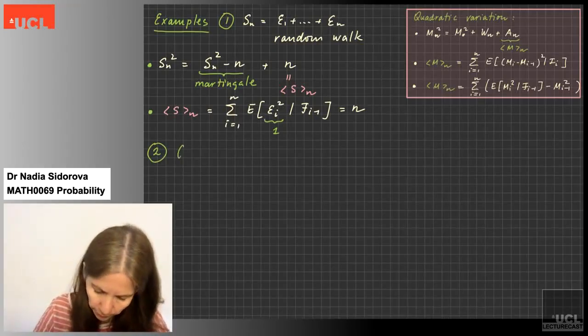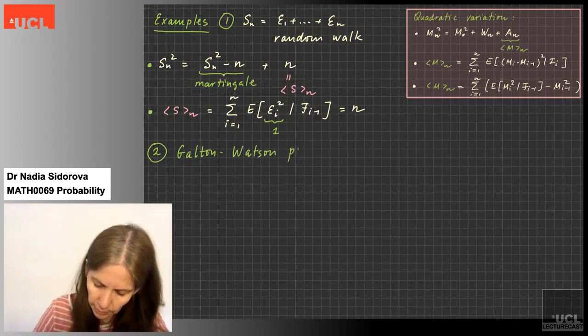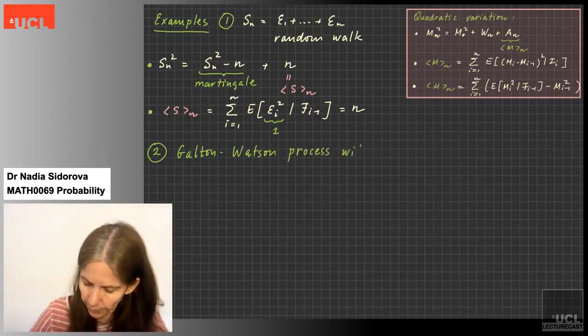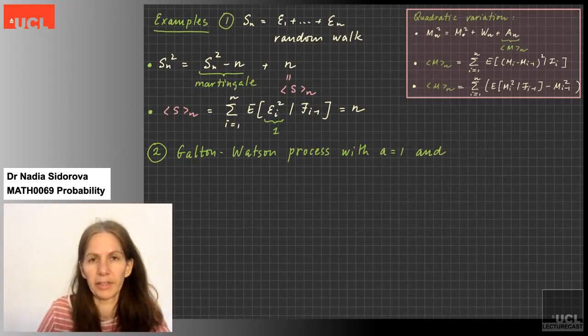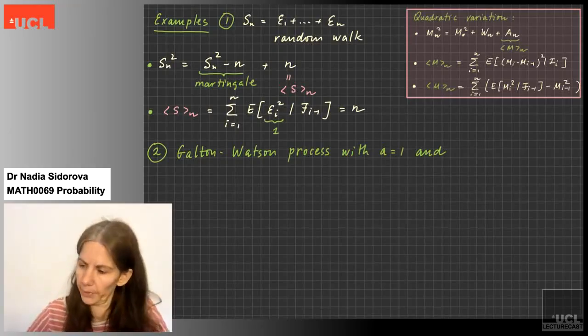So the Galton-Watson process with mean a equal to 1, and I have to assume that the offspring random variable has finite variance, because we only talk about square integrable martingales here.